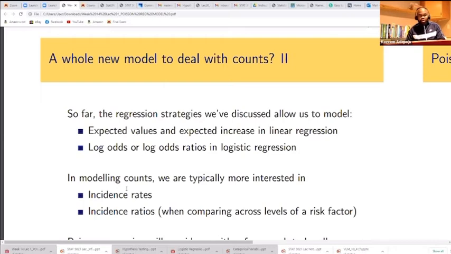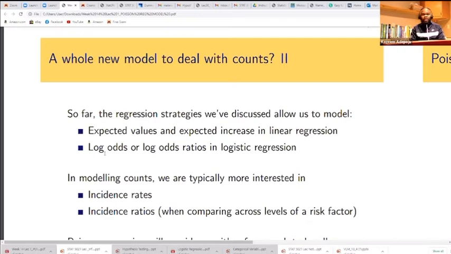Because the strategy that we applied in the conventional regression that we have done, the linear regression, focuses on the expected values and the expected increases. And in the logistic regression, we talk about the log odds, or the log ratio, where we are trying to investigate the incidence of a particular occurrence based on certain risk factors.